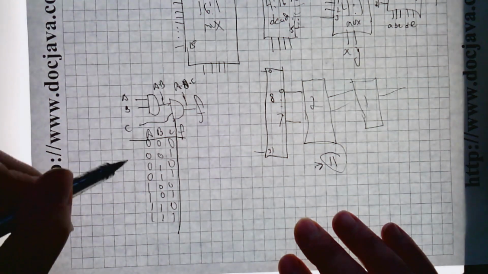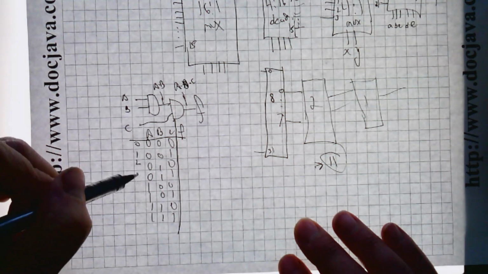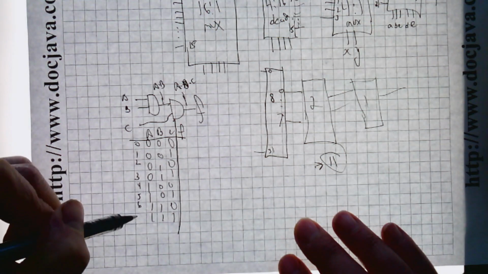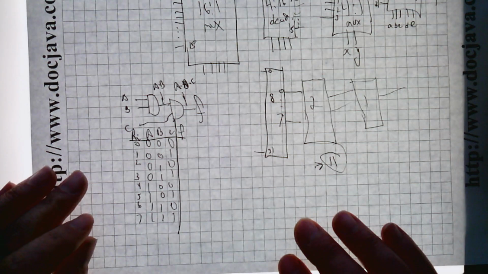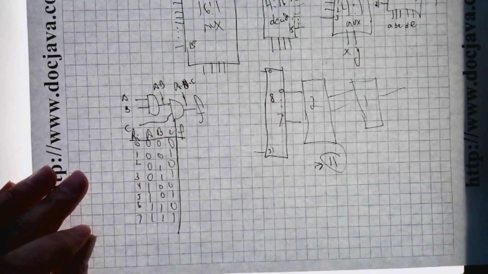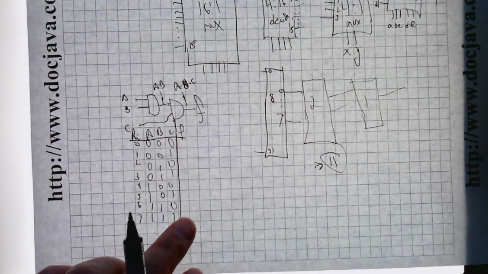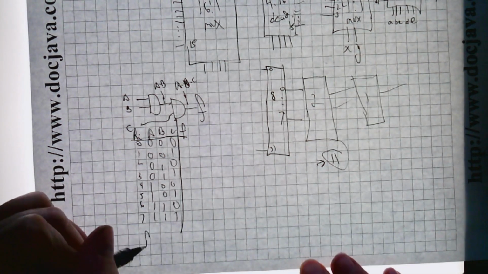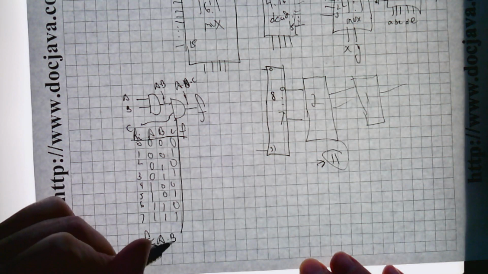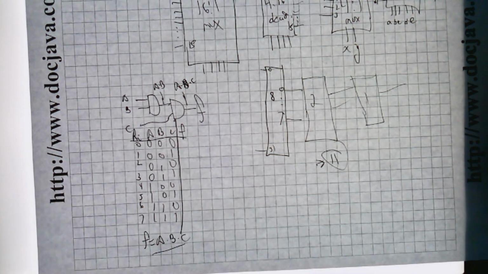So how do you fill in the truth table? When will F be true? F equals A and B and C. When will F be true? Let's find somebody.